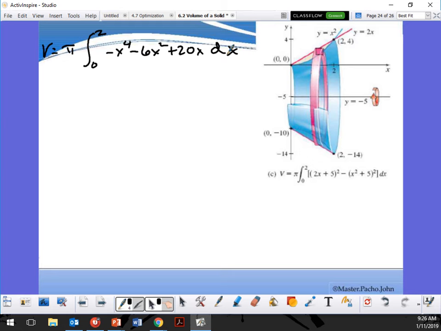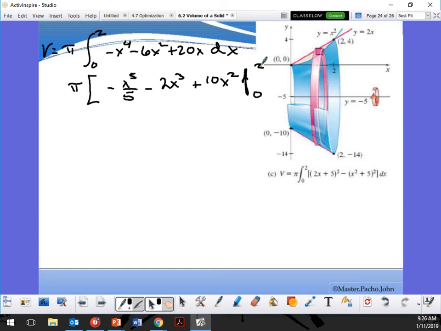So it's going to be pi times the bracket of negative x to the 5th over 5 minus 2x to the 3rd plus 10x squared, and that's going to be from 0 to 2.